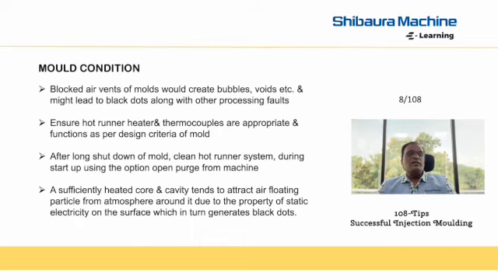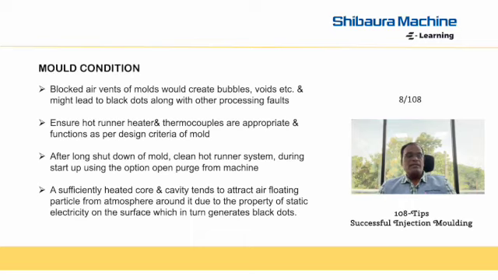A mold which has been heated sufficiently, either by a hot runner system or a mold temperature control, keeps the core and cavity of the mold in a hot condition. And this hot core and cavity steel tend to attract flying dust from the environment around the mold.